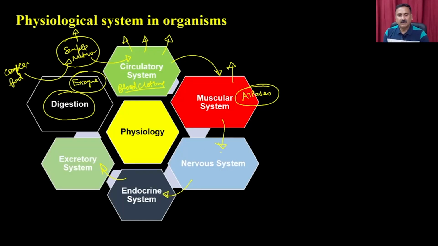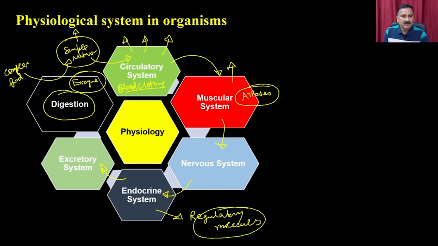And the same is true for the nervous system. In the nervous system you have many signaling molecules participating in relaying the signal from one part of the body to another. And then the endocrine system is the system which produces the regulatory molecules, and these regulatory molecules are a part of controlling the different types of processes.